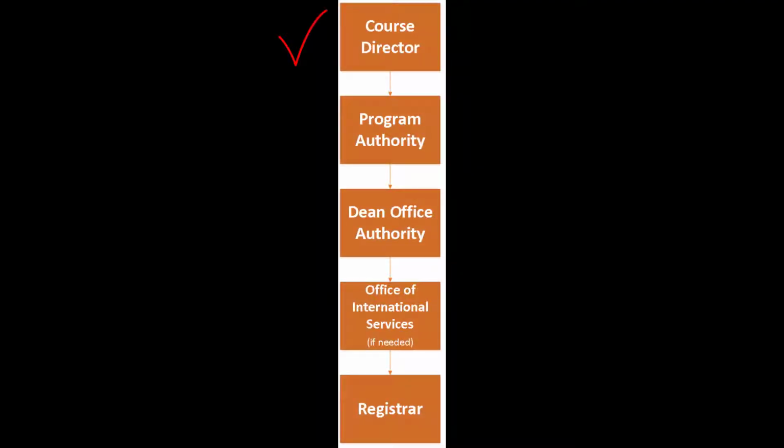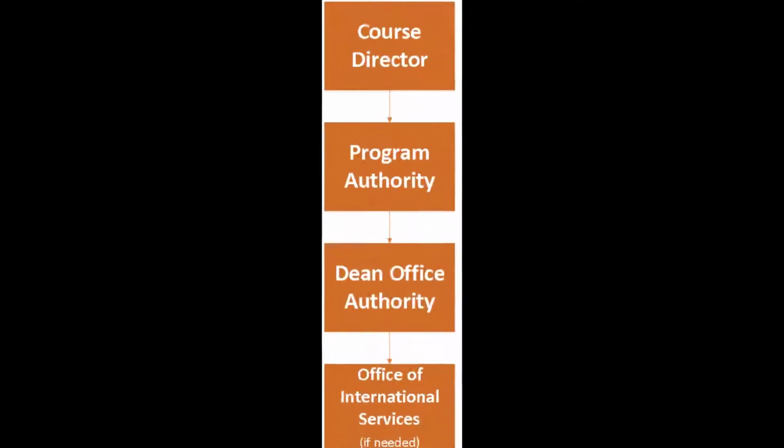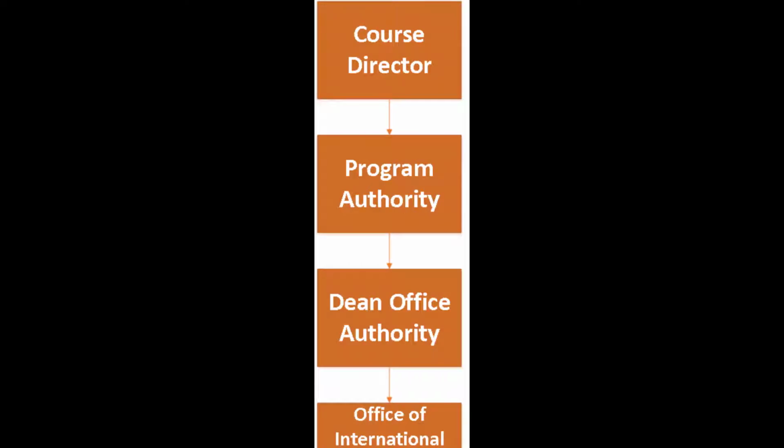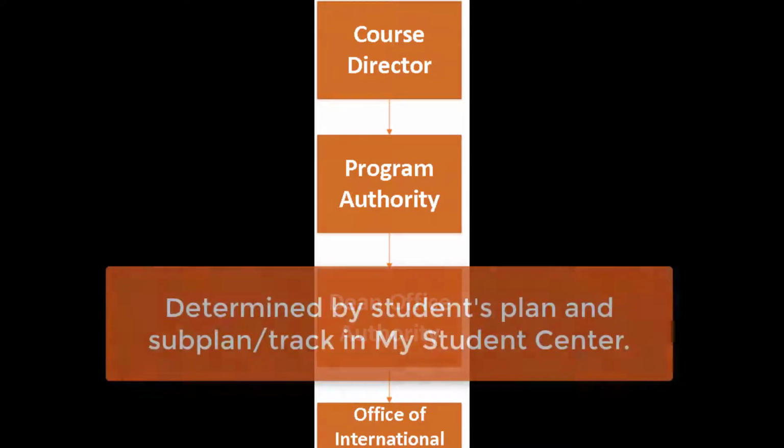After all course directors have approved, the form routes to the Program Authority. The Program Authority approver is determined by each school or program in advance. The electronic form determines the Program Authority by looking at a student's academic plan and possibly even sub-plan in My Student Center.